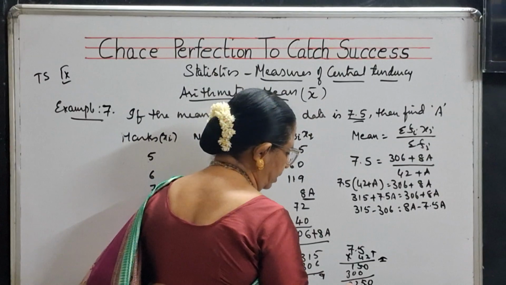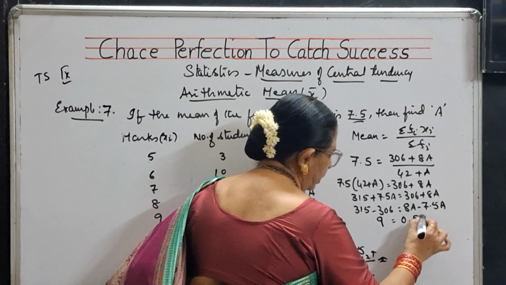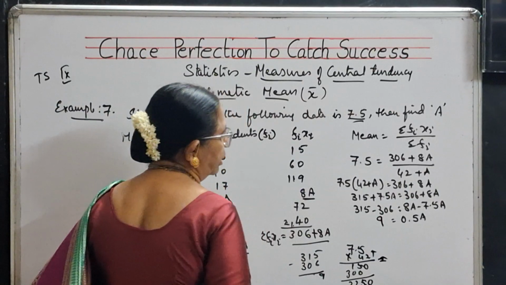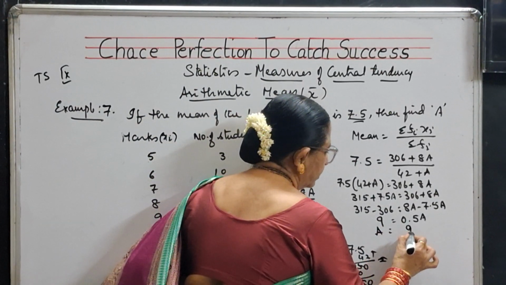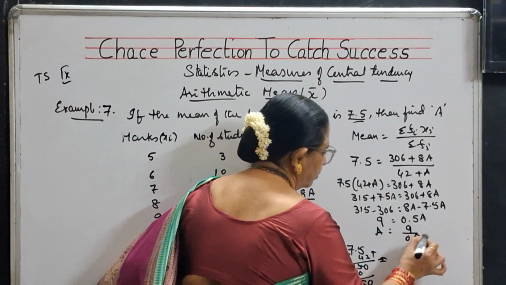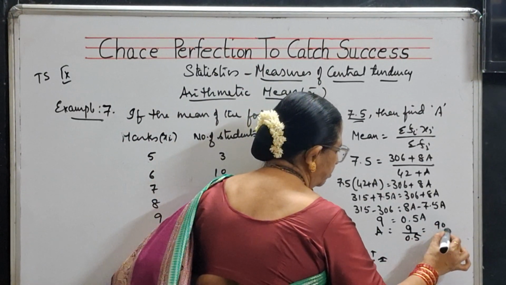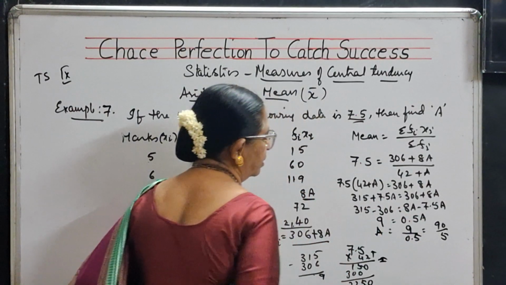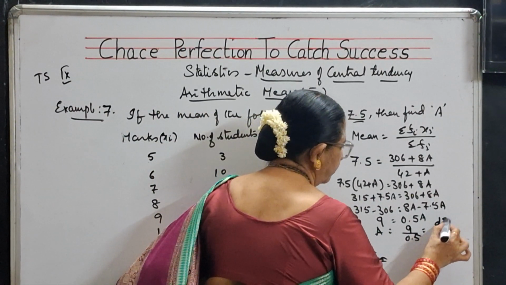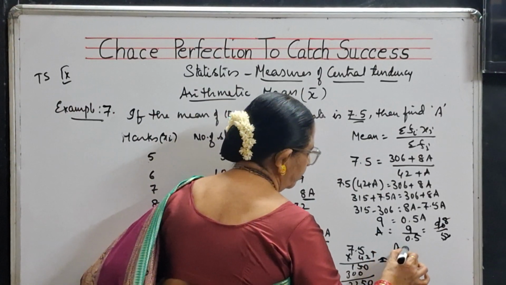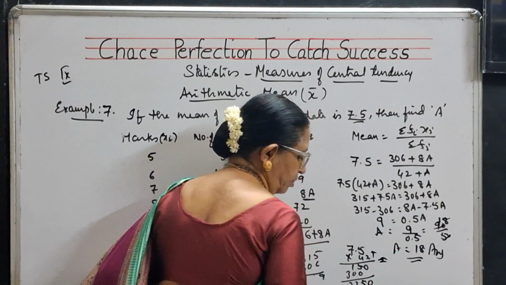So let us take 9 is equal to 0.5A. 8 minus 7.5 is 0.5. So what is A? 9 by 0.5. So you can write it as 90 by 5 by removing this. 5 ones are 5, 5 nines are 45. So what is A value? A is equal to 18 is the answer, children.